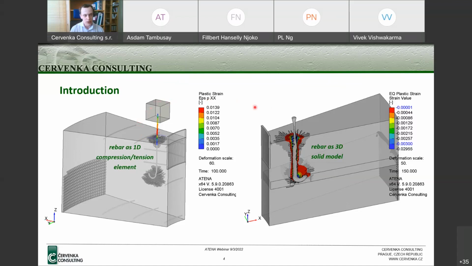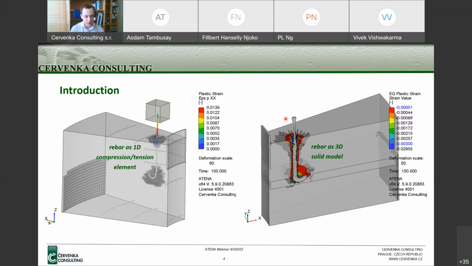Here there are two ways how to model it. In one way the reinforcement is modeled using 1D compression tension element. Here we have a full 3D model where also the reinforcement is modeled as 3D with 3D solid elements.